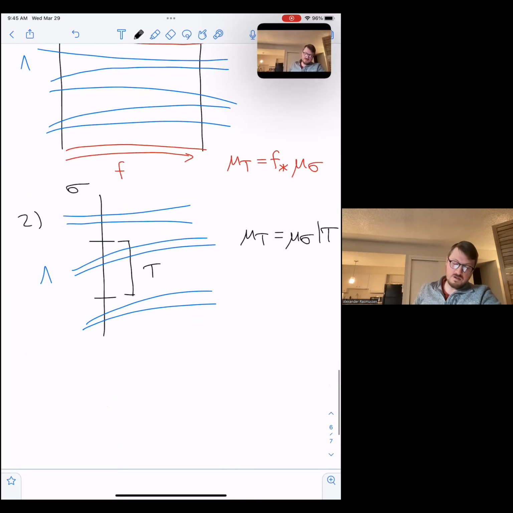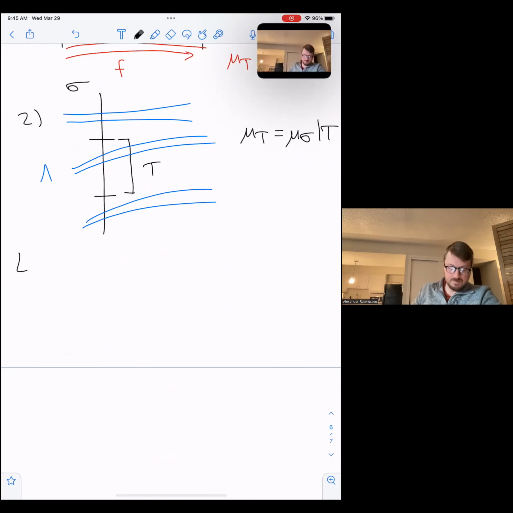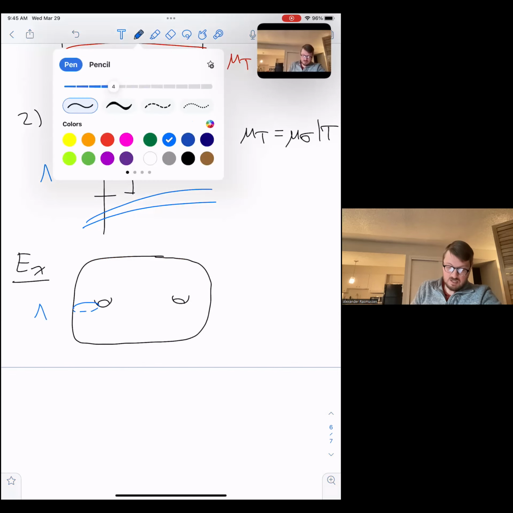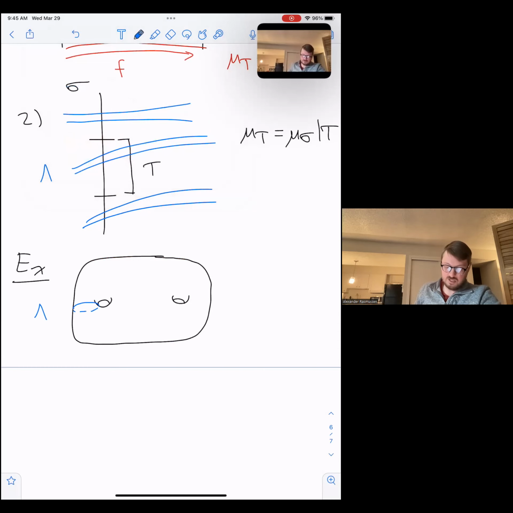So let me give you one example of a simple transverse measure. So let's take a very simple geodesic lamination. So lambda can just be a single, simple closed geodesic like this. And what kind of transverse measure can we assign to this?